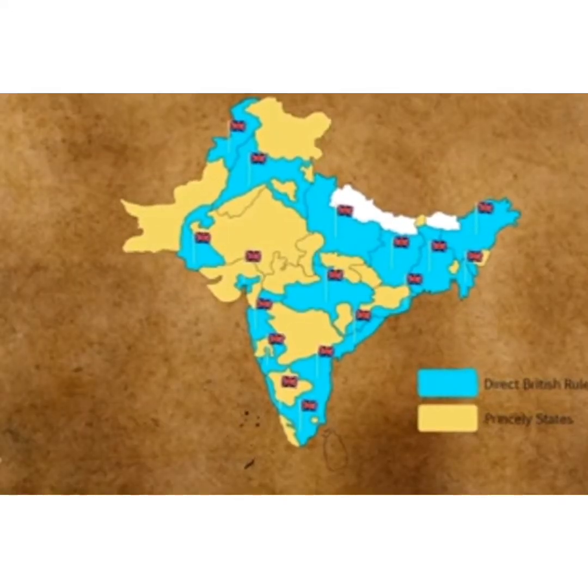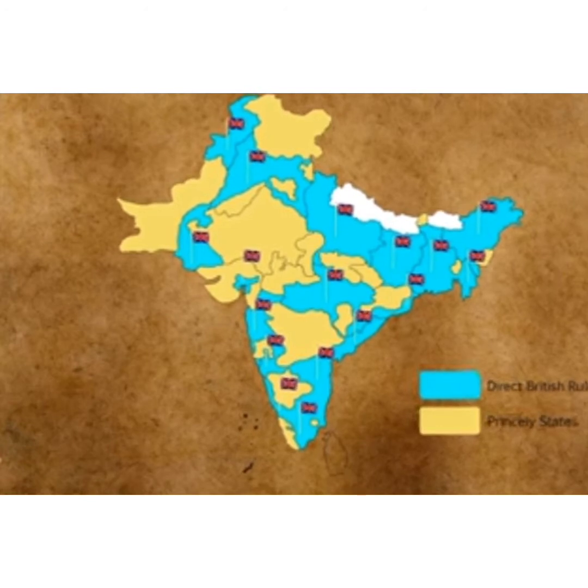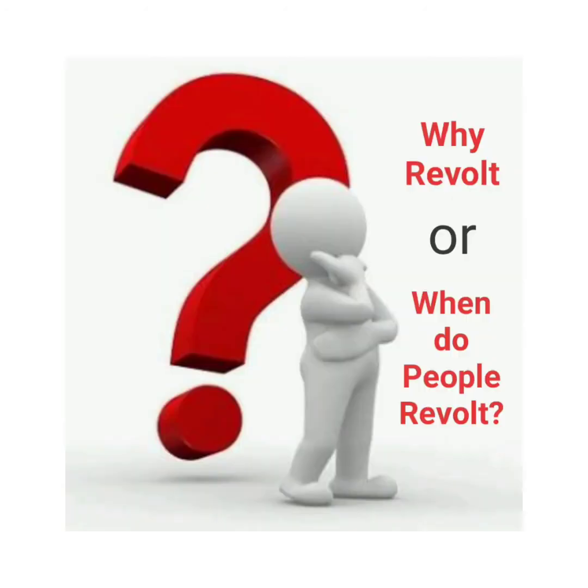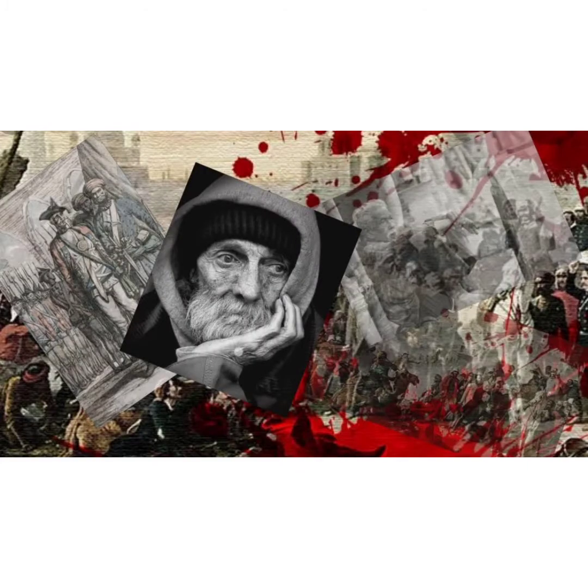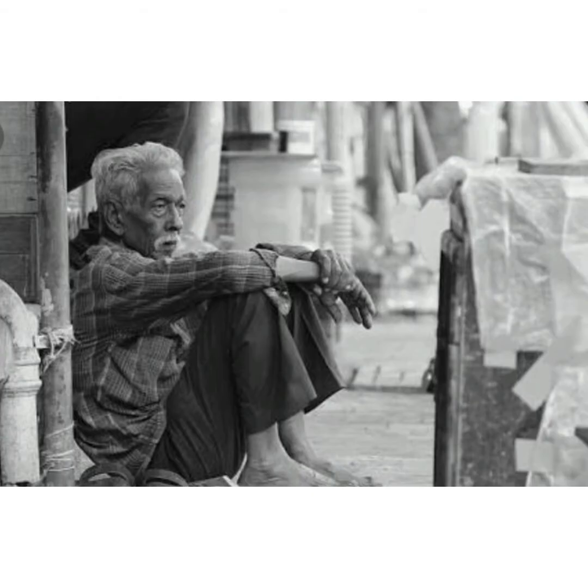So, do you all know when people actually revolt, or what is the real cause of a revolt? A revolt is one of the many ways in which ordinary people express their unhappiness with the authorities. It is not every day that revolts occur, but when people feel that the existing situation has become unbearable, only then do revolts take place.